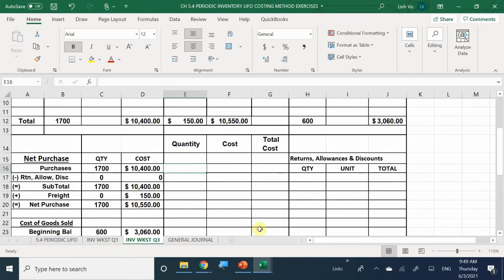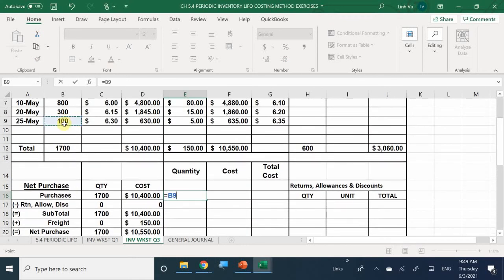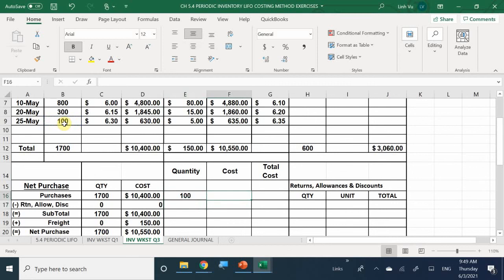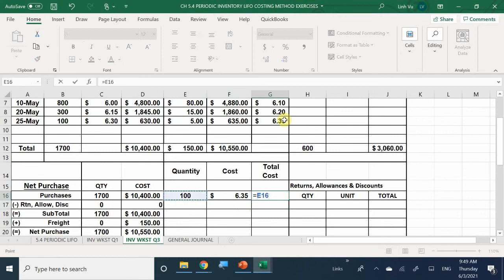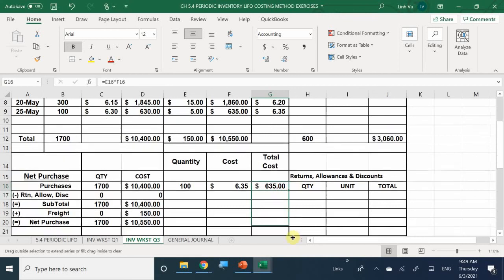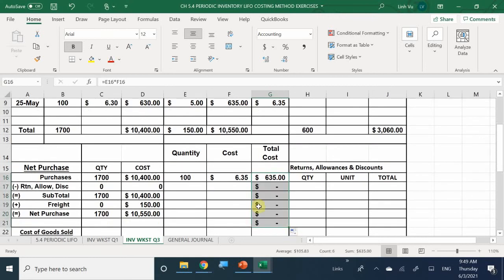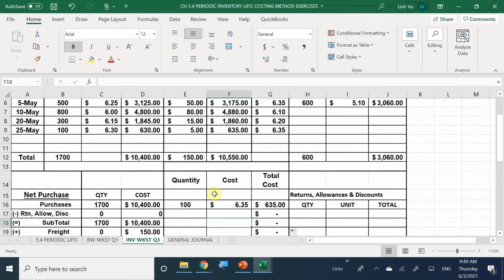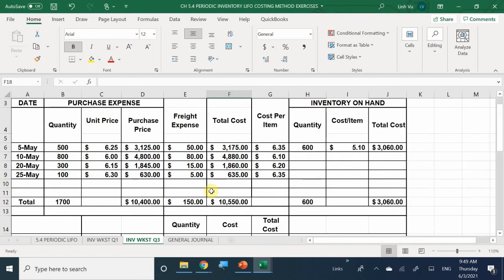So 100 items, we're going to sell this one out at a total of 635. All right, so now that batch is gone.